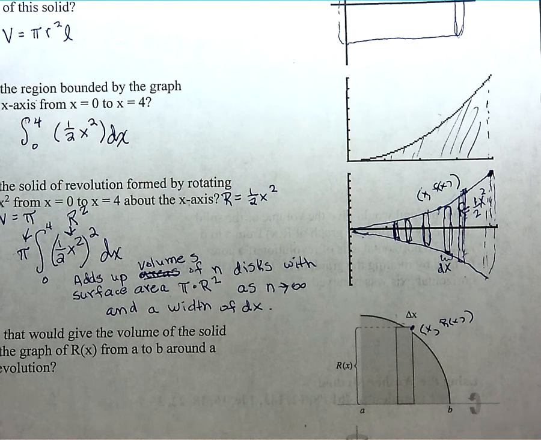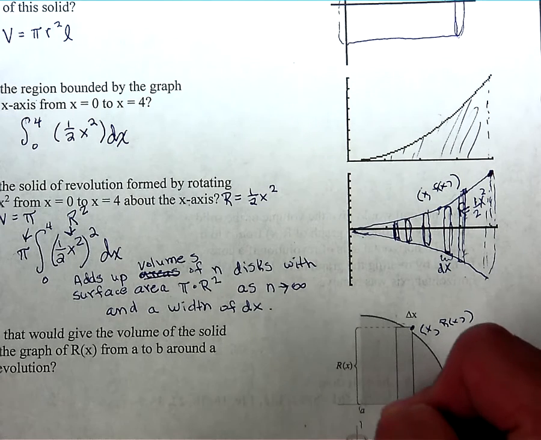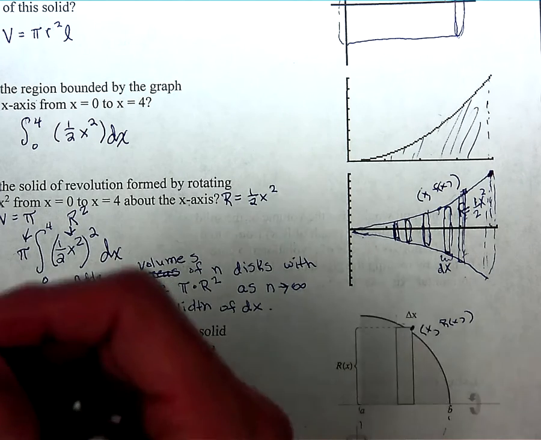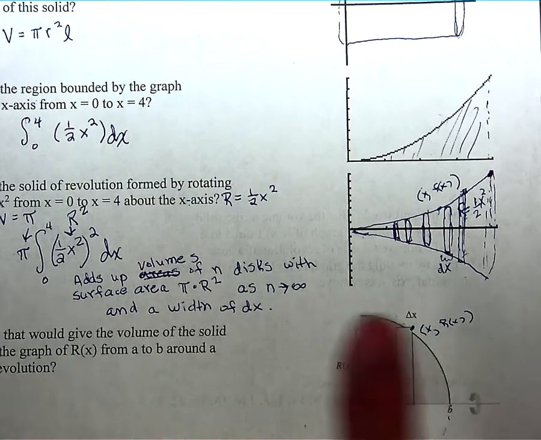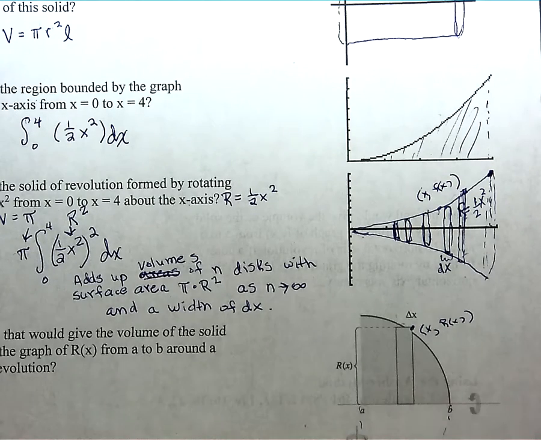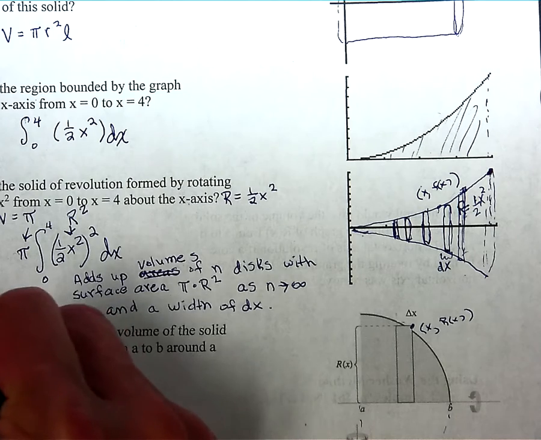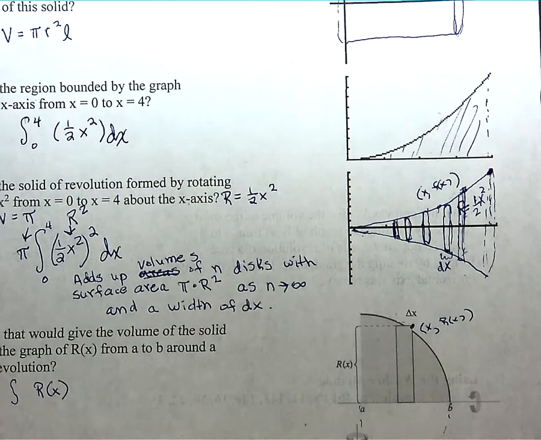All right. So if I spun that around the x-axis, what shape would that make? It'd make a solid of revolution, and the volume would be pi times the radius squared, where the radius comes from r of x.